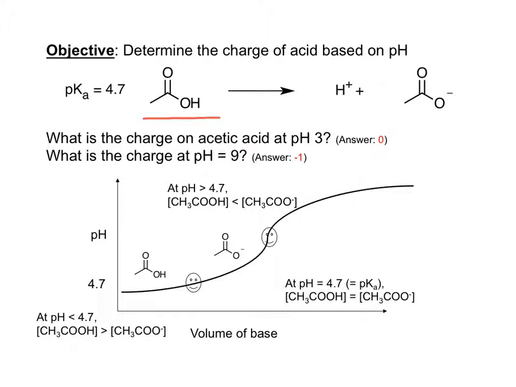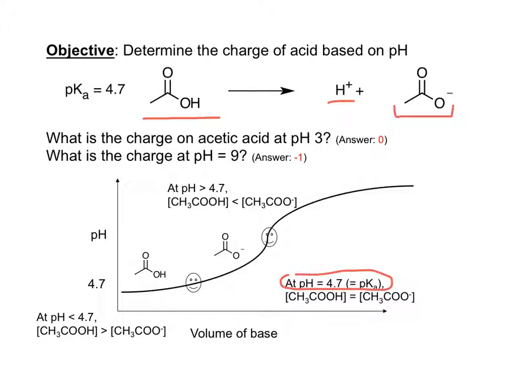As the pH increases, that is, as we remove H plus ions, the reaction shifts toward the product side and more acetate ion forms. Remember that from Le Chatelier's principle. When the pH equals the pKa, in this case 4.7, there's going to be an equal amount of acetic acid and acetate ions.